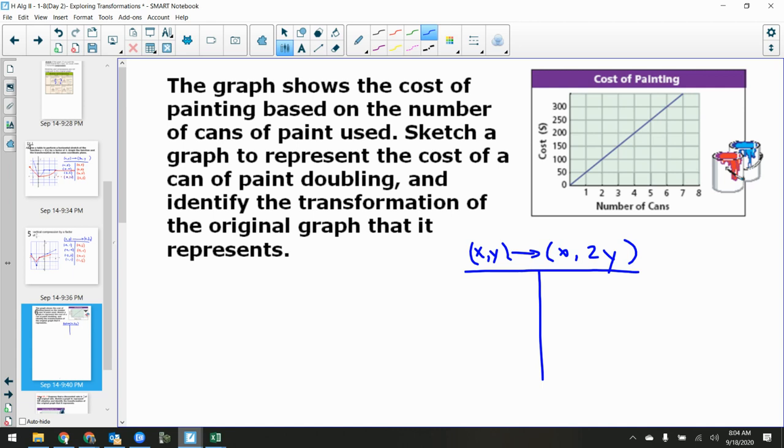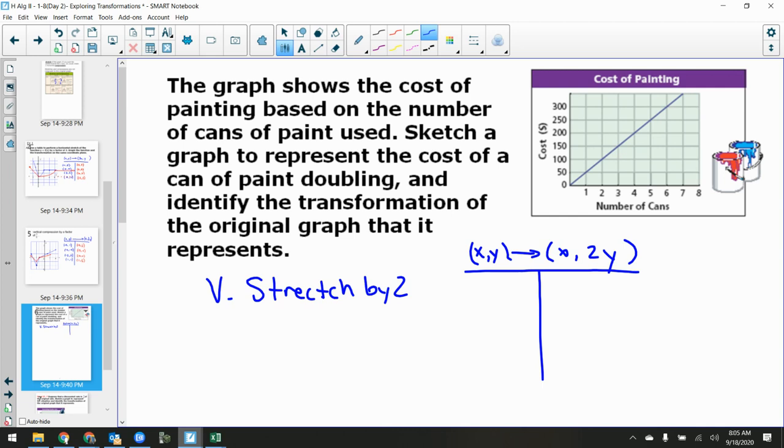So it's going to be something vertical. Vertical stretch by 2. Whenever you identify what a transformation is, not only tell me direction, vertical or horizontal, not only tell me what it is, stretch, compression, shift, but also tell me the magnitude. Tell me the number as well. Vertical stretch by 2, okay?